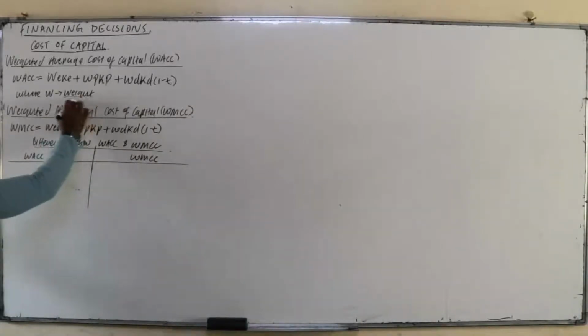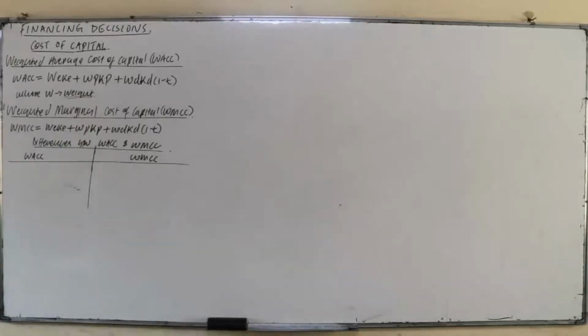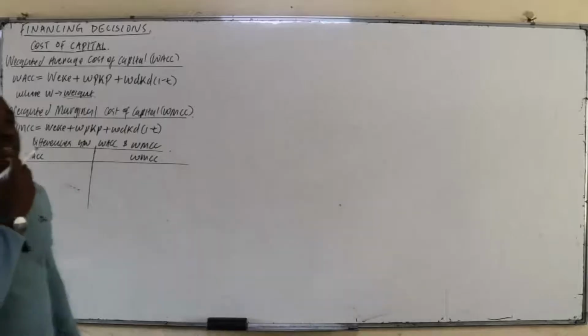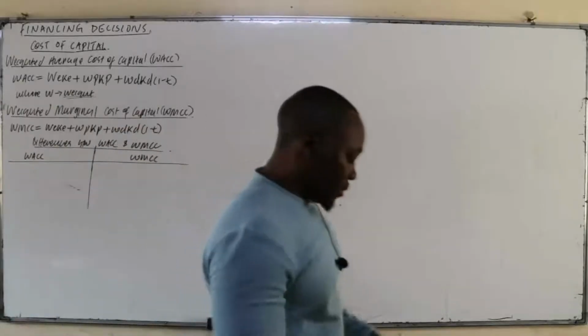I mean this weight. On the side of WMCC, it uses the optimal capital structure to determine the proportion.